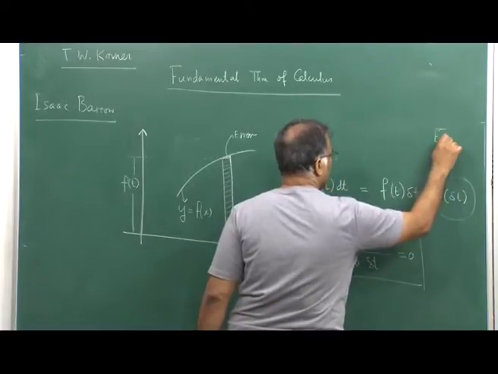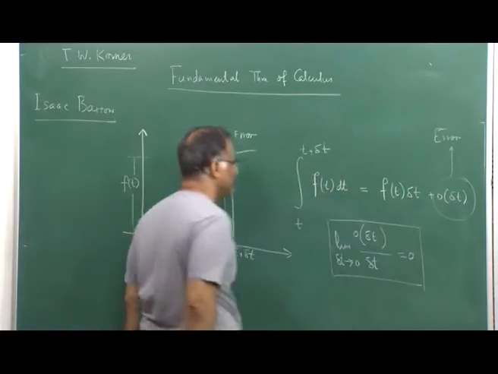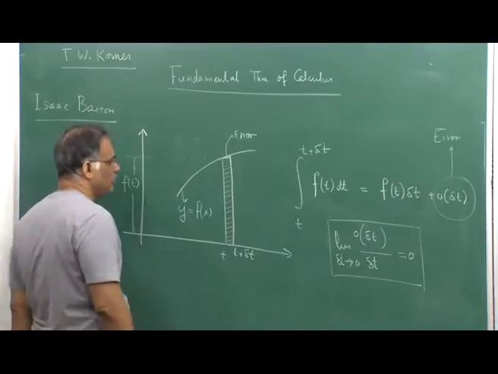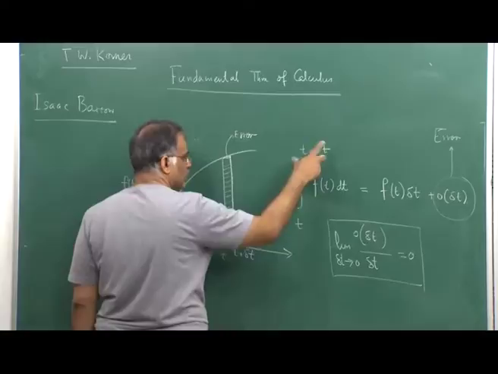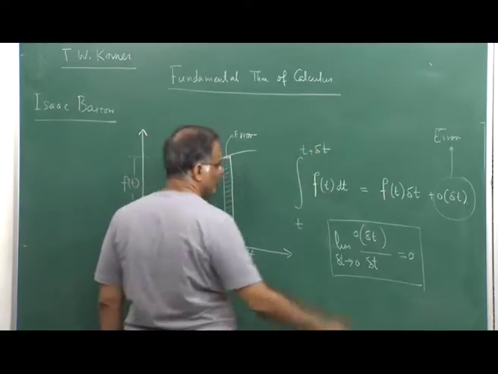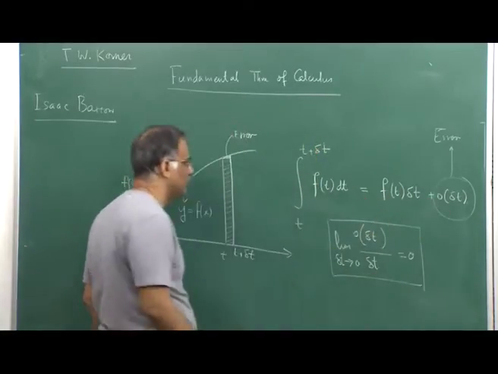But this error term has a speciality, because if delta t collapses to 0, then this integral should collapse to 0 and everything on this side should also collapse to 0.